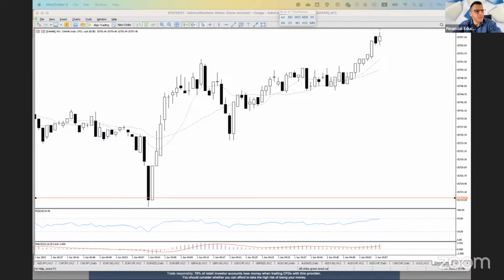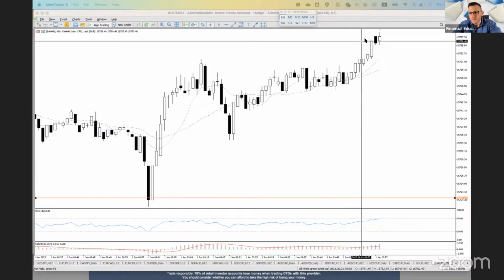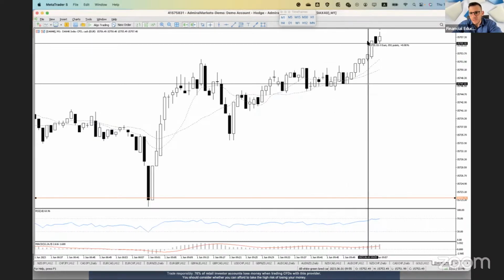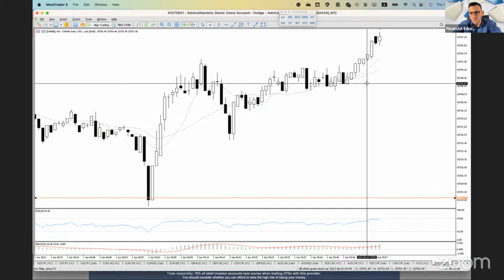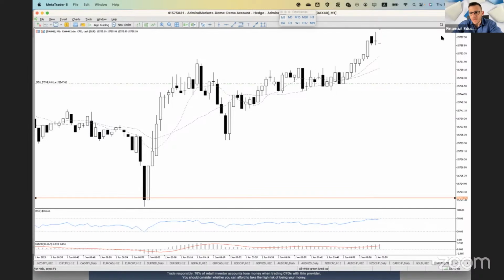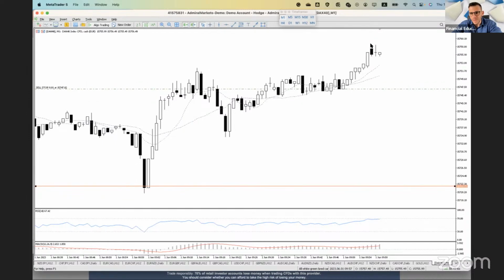Okay, not right at the London Open at 8 o'clock, so it's fine. That's 9 points. I'm going for a sell stop order here. Come on, move downwards. What's wrong with you? We would like to see the price close at least with a bearish candle so we can put a buy stop order here. Come on.